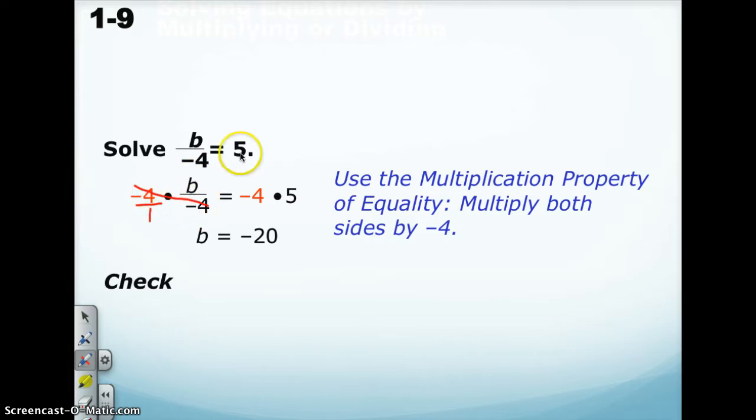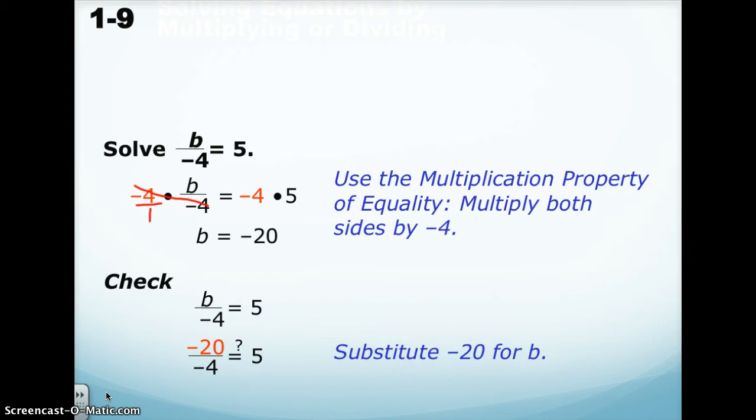You're really ending up with -4 divided by -4, which is 1. Then on the right side we do the multiplication and end up with -20. To check our answer, we substitute -20 in: -20 divided by -4 equals 5.